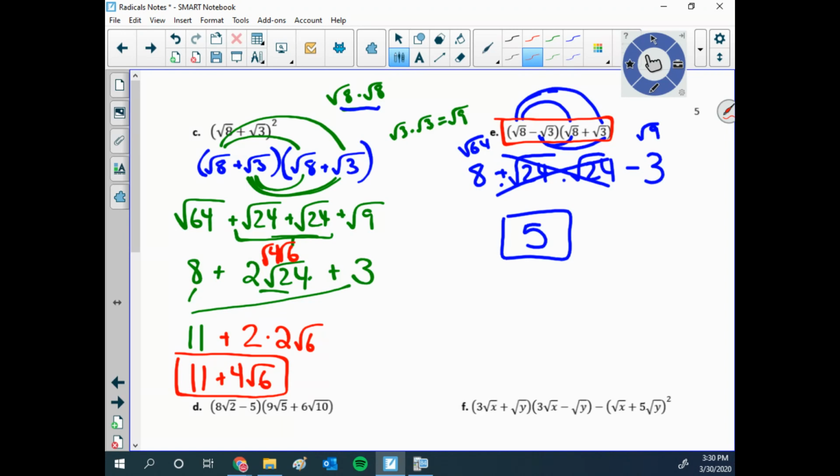The nice part about multiplying out conjugate terms, or factoring a difference of squares, is that when you do FOIL, you don't have to multiply out the inside and outside terms, just the first and last, because the two middle terms cancel each other out. So I just have to do the first and the last if I want a shortcut.